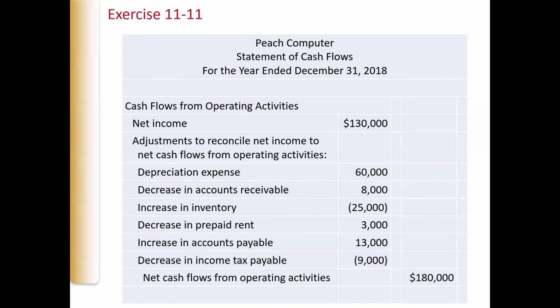A decrease in accounts receivable, we add. An increase in inventory, we subtract. A decrease in prepaid rent, we add. An increase in accounts payable, we add. And a decrease in income tax payable, we subtract to get our net cash flows from operating activities.